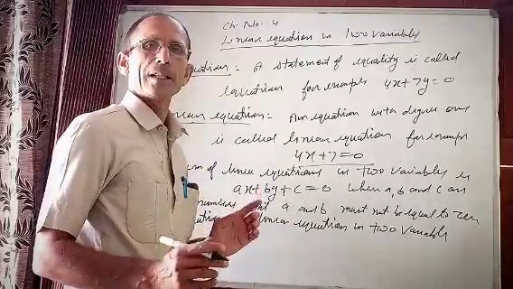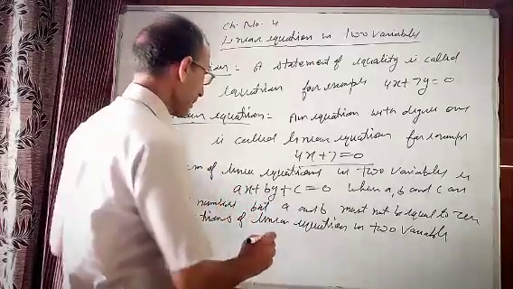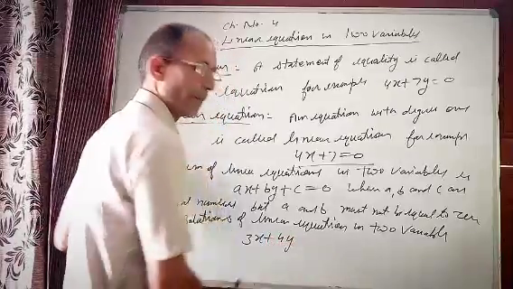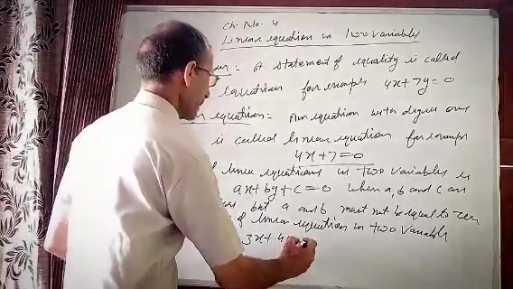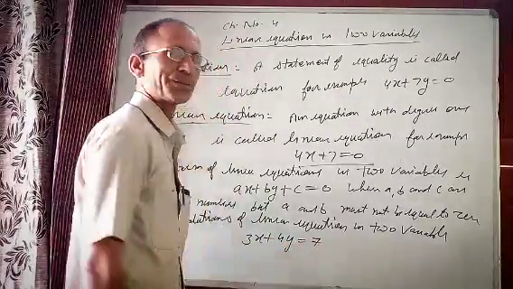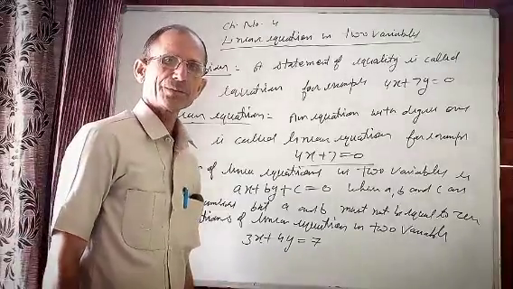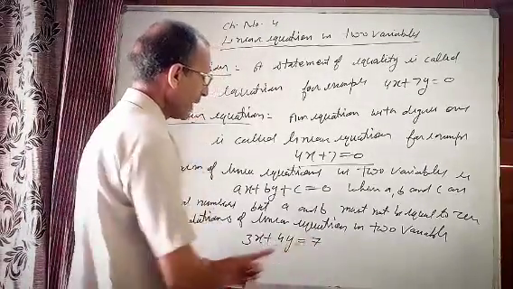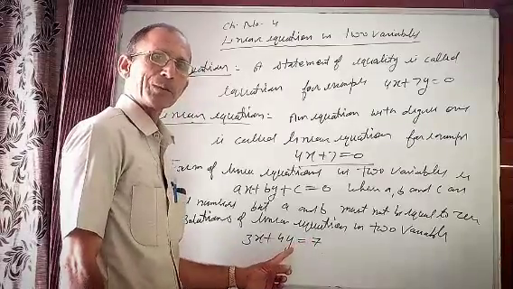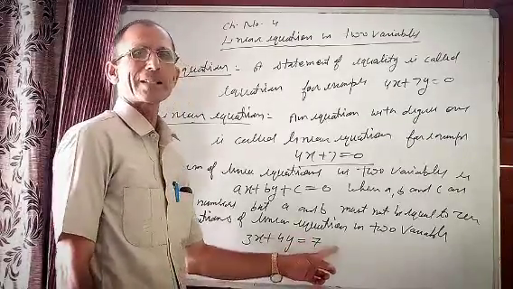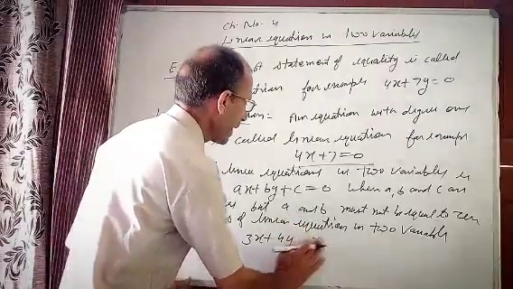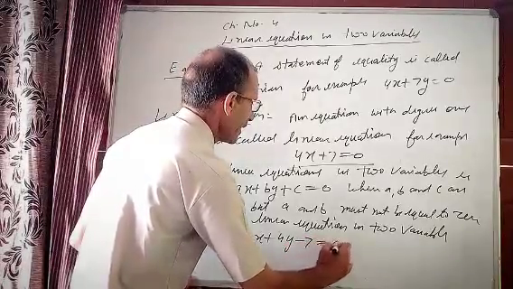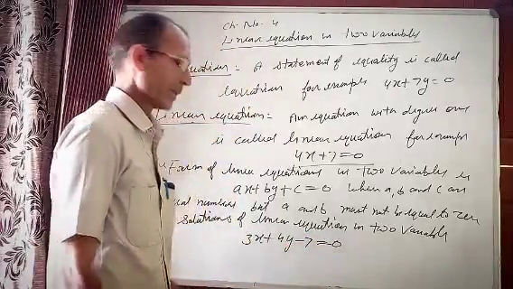Take any linear equation in two variables: 3x plus 4y is equal to 7. So this is a linear equation because when 7 is shifted to this side it becomes minus 7, and the other side is 0 already. You can write it like this also if you are confused: 3x plus 4y minus 7 is equal to 0.